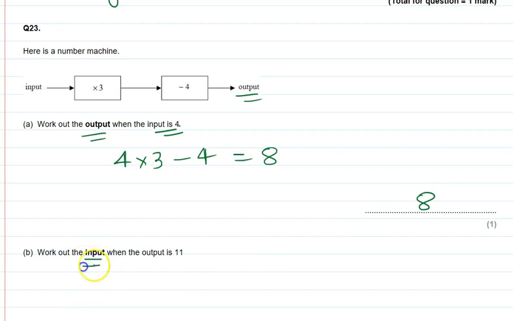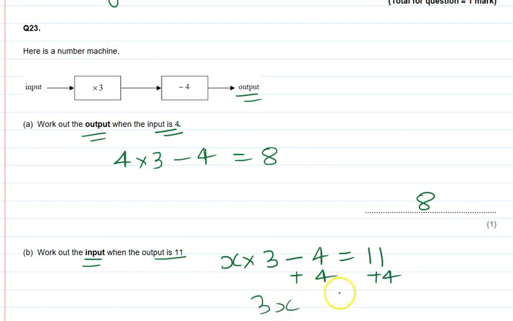Now work out the input when the output is 11. So suppose input is x, so x times 3 minus 4, and output is 11. So let's do plus 4 both sides. So we got 3x equal to 11 plus 4 is 15, divide by 3 both sides, so x we got 5, so input is 5.